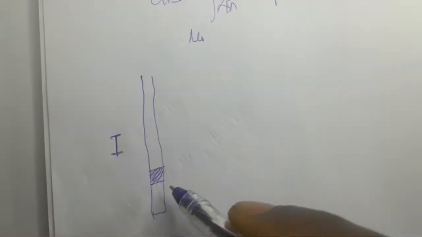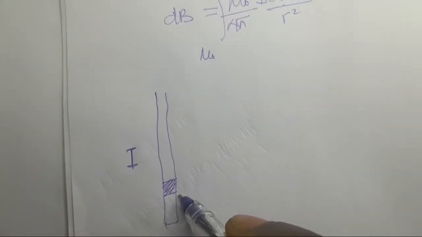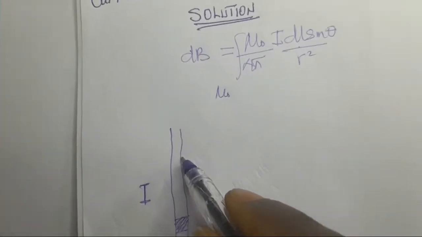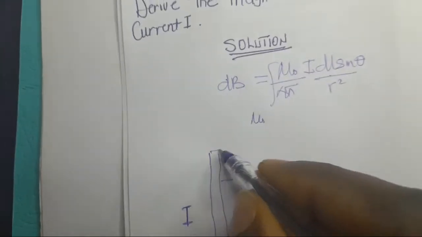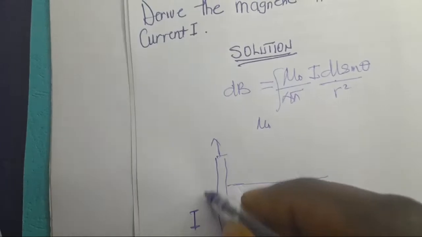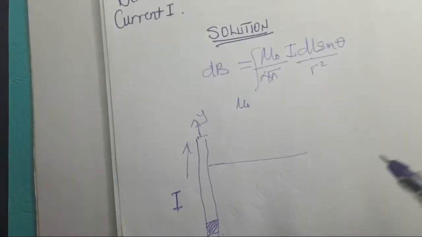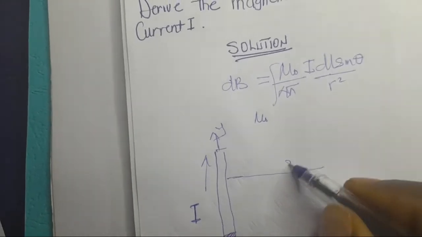That's the small element we are considering there. From the assignment, this is our y, this is the direction of the current, this is our y axis, and this is our x axis.